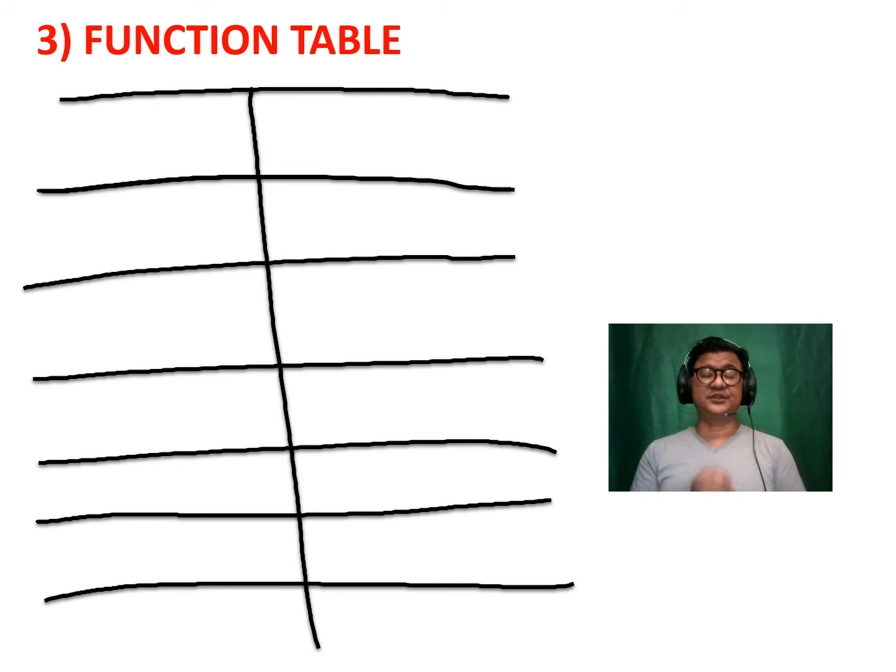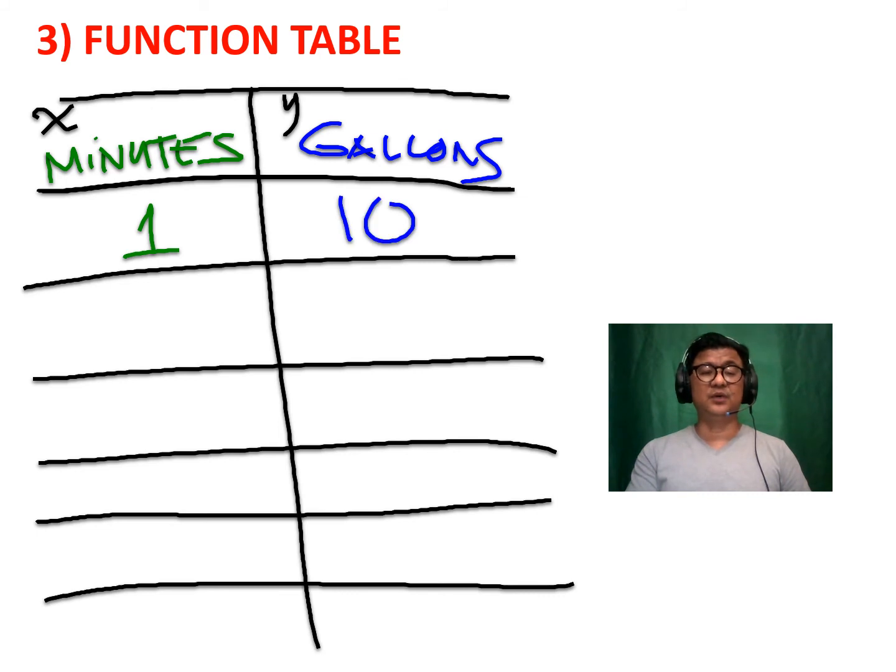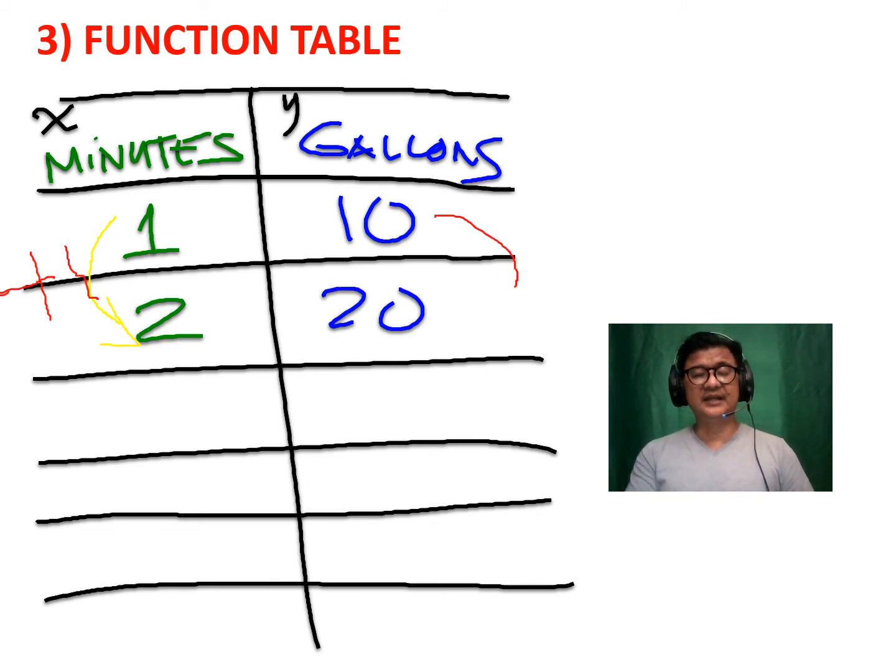Now let's write a function table. Let's start with x as minutes and y as gallons. Write down 1 minute, 10 gallons, 2 minutes, 20 gallons, and what have you observed? We are simply adding 1 on the minutes, but on the gallons, we're adding how many? 10.